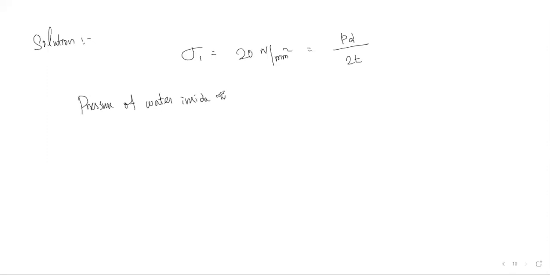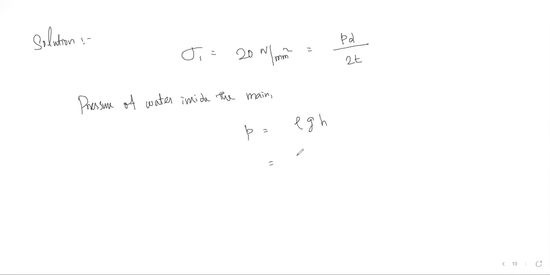So solution part. Sigma 1 is equal to 20 Newton per mm square. The formula is P into D divided by 2T. So here we have to find out the P value first. The pressure of water inside the main, small p, is equal to rho g h.